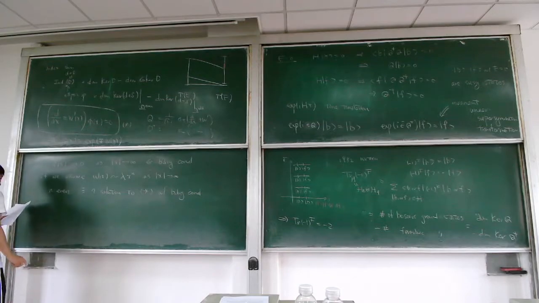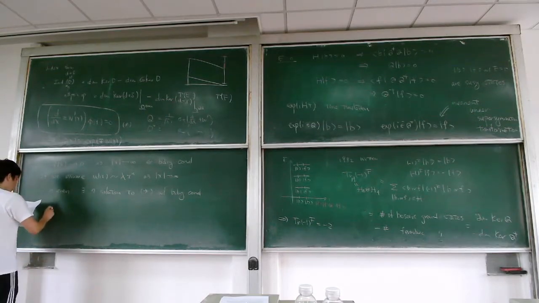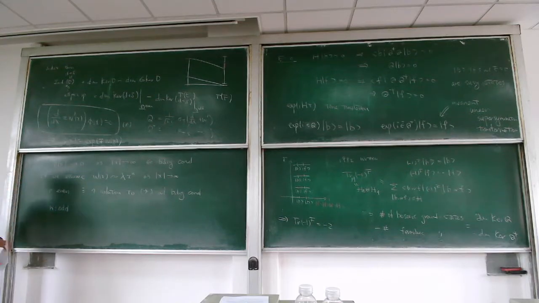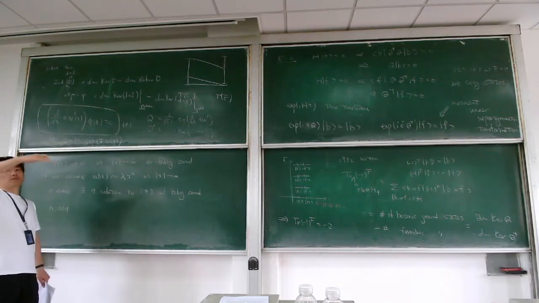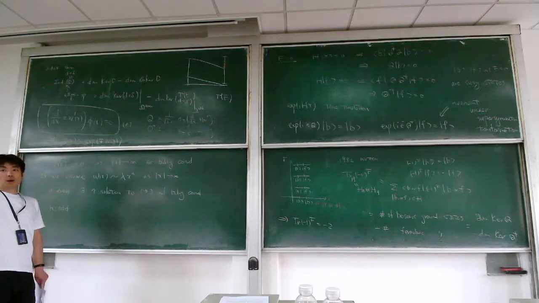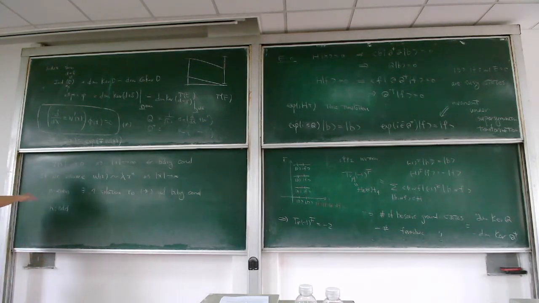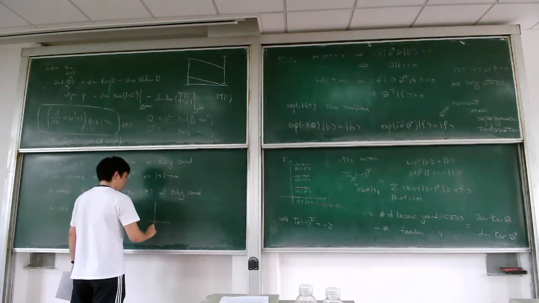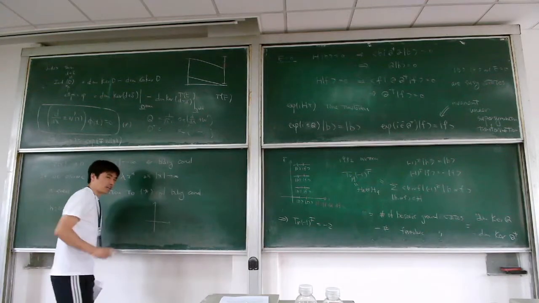On the other hand, if n is odd, it changes sign. If it goes to positive at positive infinity, then at negative infinity it goes to negative. So there is no solution which satisfies this boundary condition. You understand what I mean? So for even n, it depends on lambda.